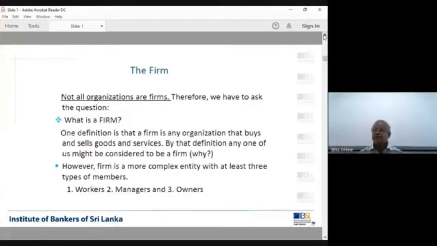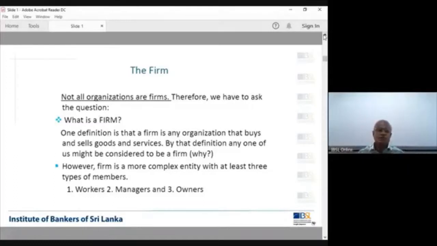Because we sell our labor and buy goods. Using this income, you buy goods. According to this definition, sometimes you could say each individual is a firm, because you work, earn income, take this money, go to the Sunday fair or the supermarket, and buy things. But an individual is not a firm. A firm has a broader definition.